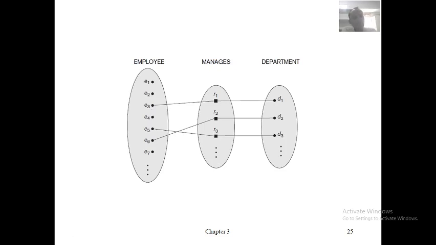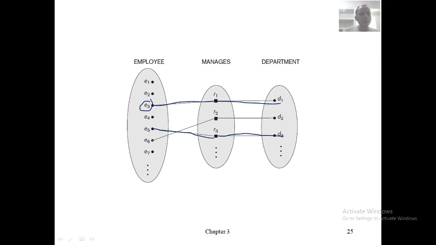Then here, employee manages department. Who are all the managers here? Employee 3 manages. What is the relationship? R1 is manages. What does he manage? Department 1. Employee 5 manages department number 3.